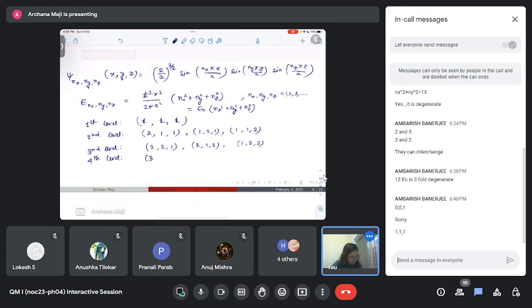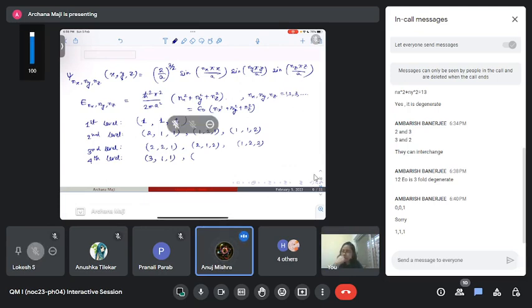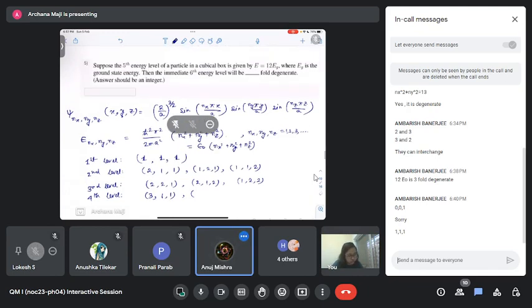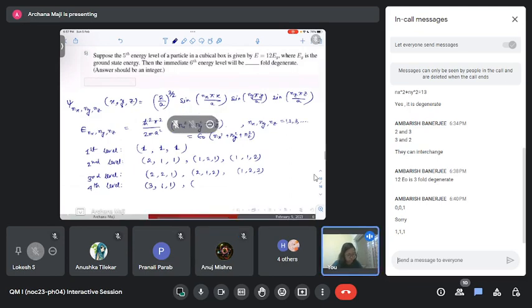Well, it should be 3 1 and 1. I confused that. We have calculated the 12, right? For the fourth level. So it is given in the question that the energy is 12 epsilon 0.